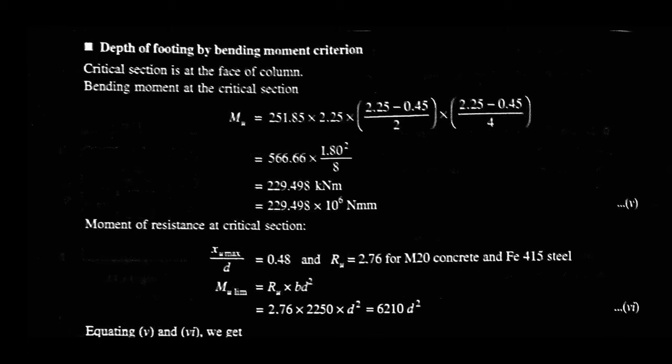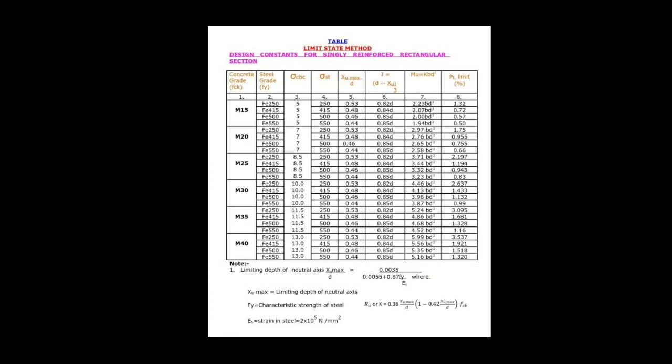So in the last video I have shown you the value of Ru which we have calculated and made a table. Let's check again. So for Fe 415 steel and M20 concrete, we have to check out the value of Ru. So let's see the table again. So this is the table.